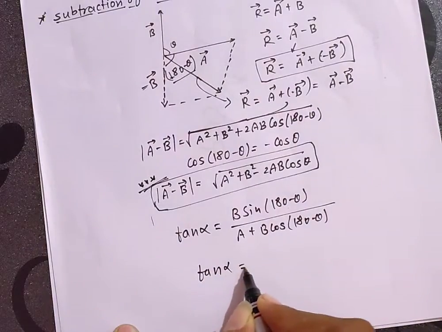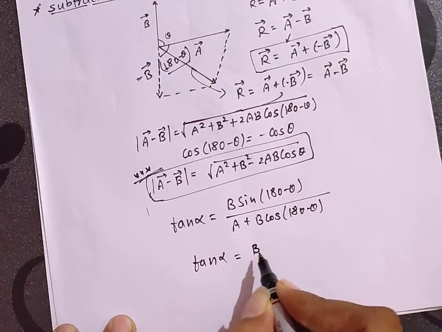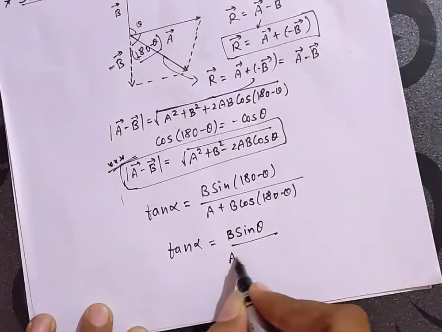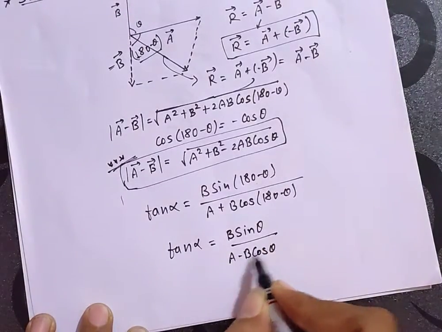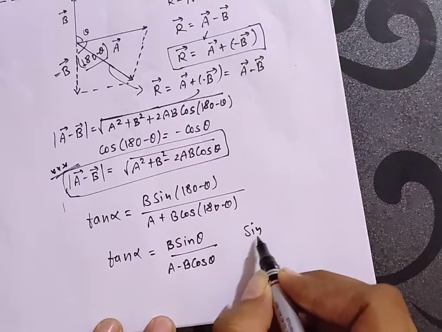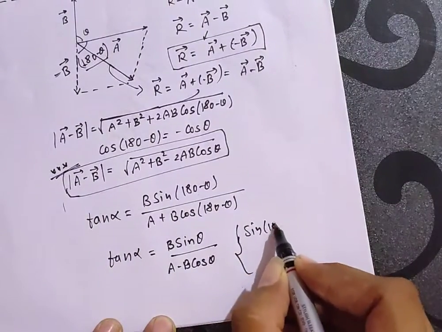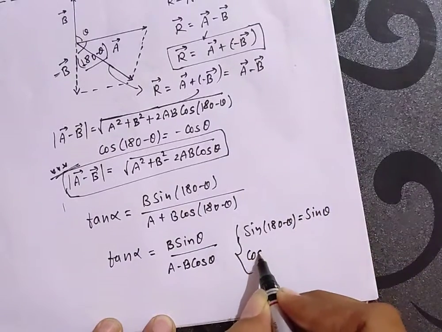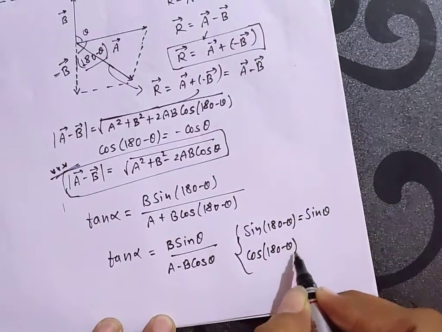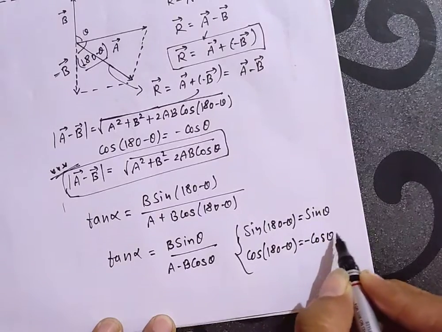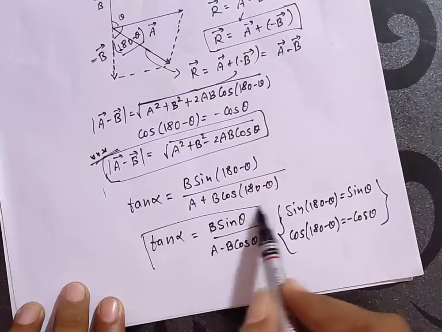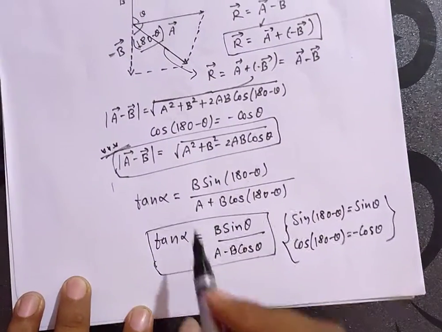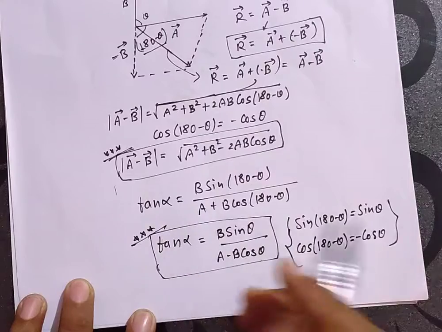So the direction is B sin theta upon A minus B cos theta, because sin 180 minus theta is equal to sin theta and cos 180 minus theta is equal to minus of cos theta. So the direction of resultant vector is tan alpha is equal to B sin theta upon A minus B cos theta.